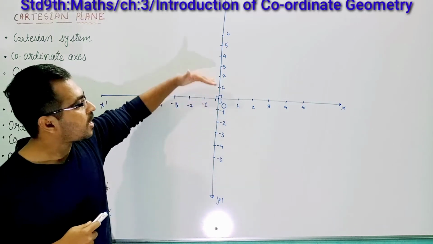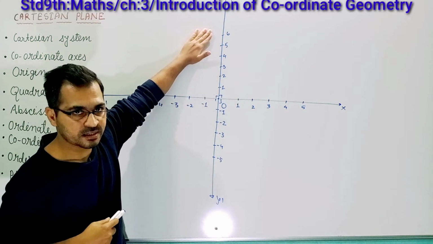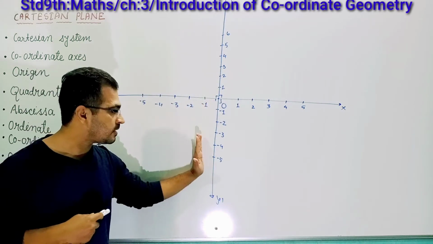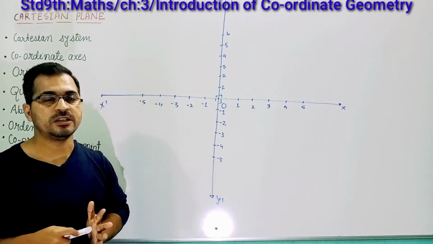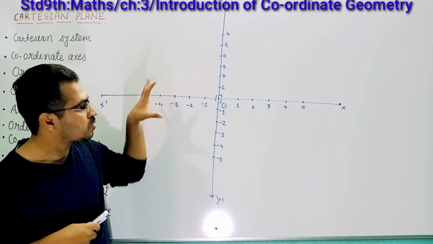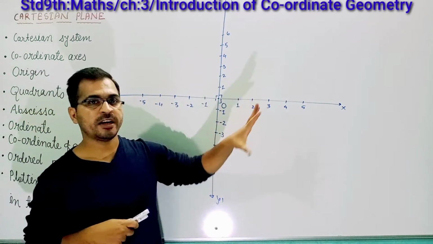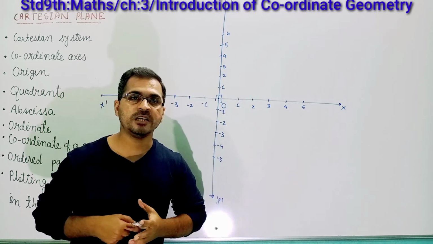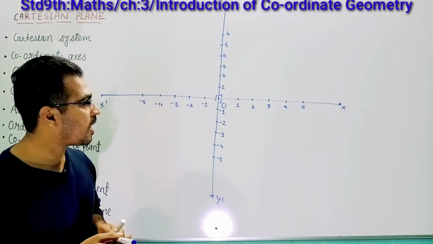Similarly, in the upper half plane of the y-axis positive integers, and in the lower half plane of the y-axis negative integers. Right students, in this way the plane is divided into 4 parts. This Cartesian plane is divided into 4 parts.